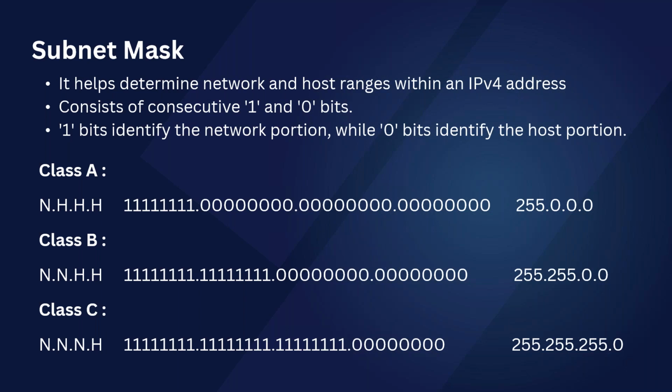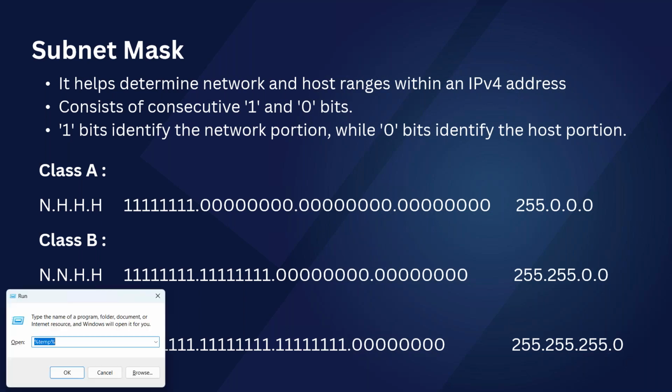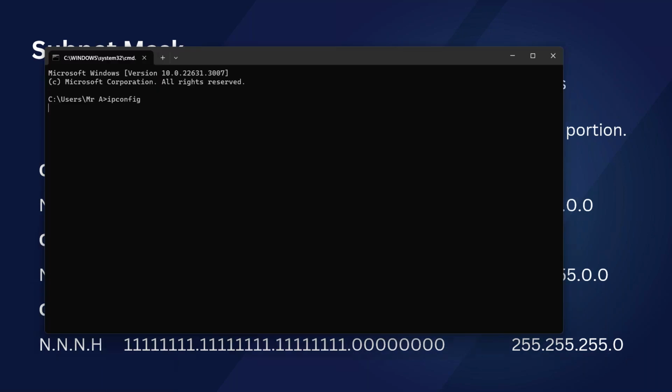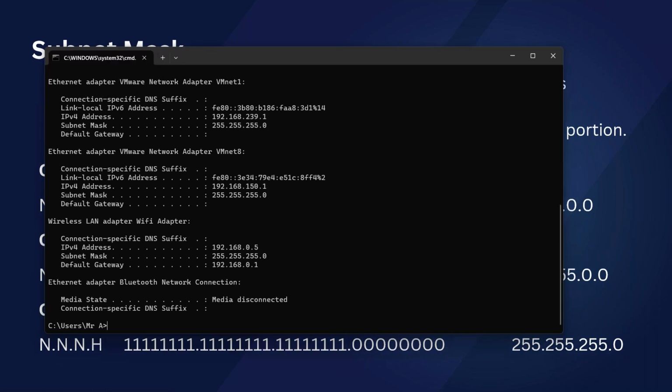When I open up my command prompt and search for ipconfig, this shows me my private IP address. Right now my laptop, on which I'm conducting this session, is getting the private IP of 192.168.0.5. Looking at this number, we know that this IP belongs to class C because we covered the ranges of IPs in the last class.